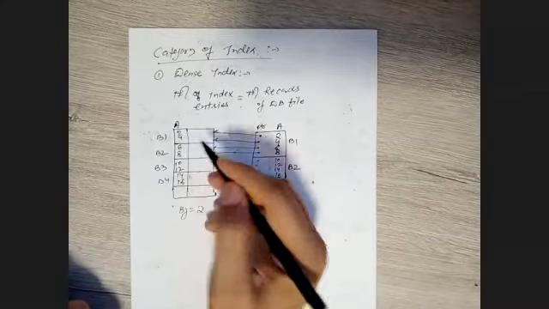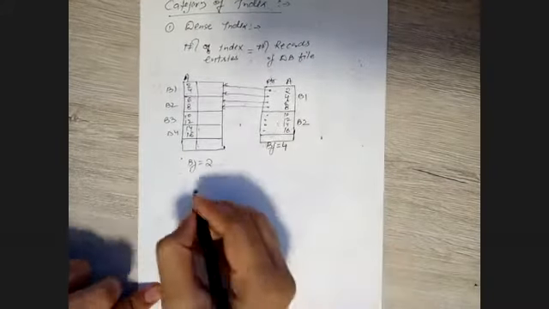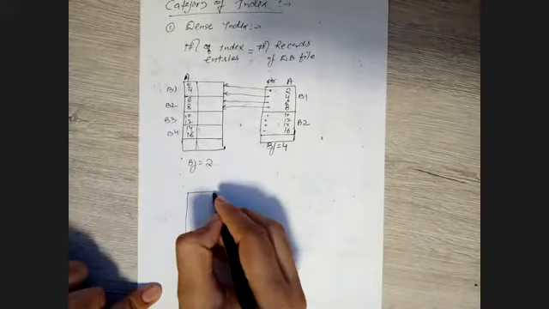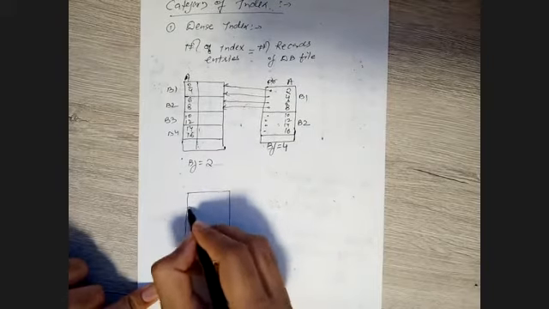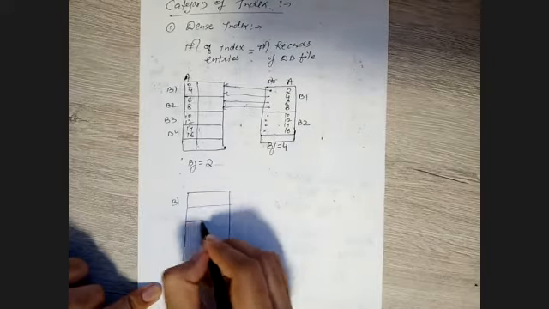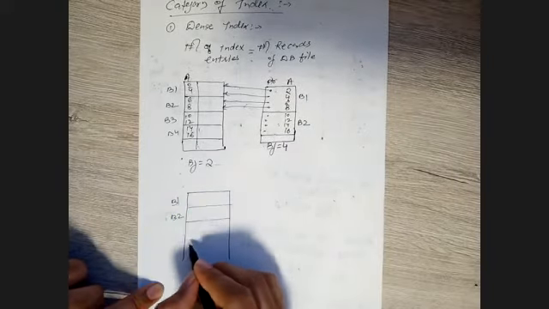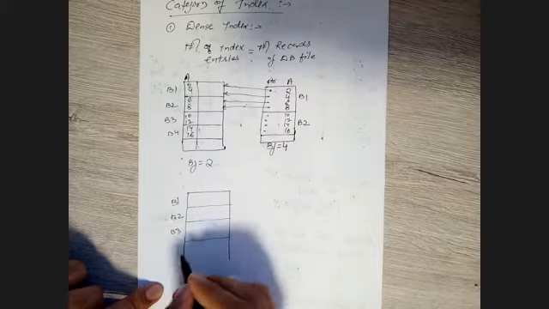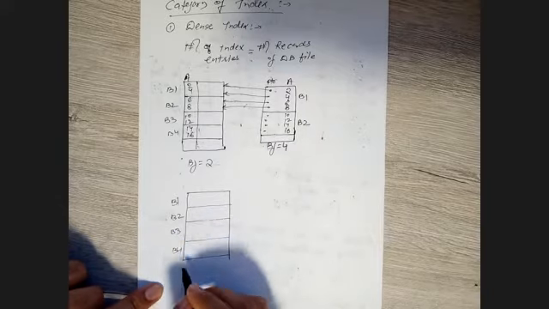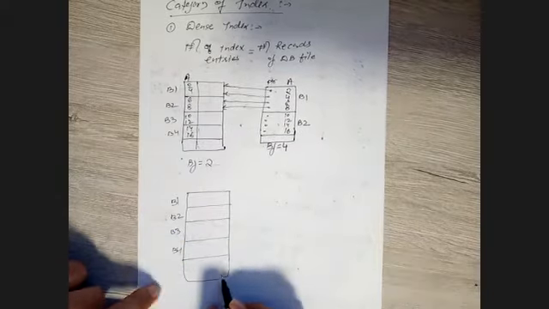Now let's say if the field is not ordered, that is an unordered field, then what will the index file look like? Let's take B1 block, B2 block, B3, B4, and so on, right?